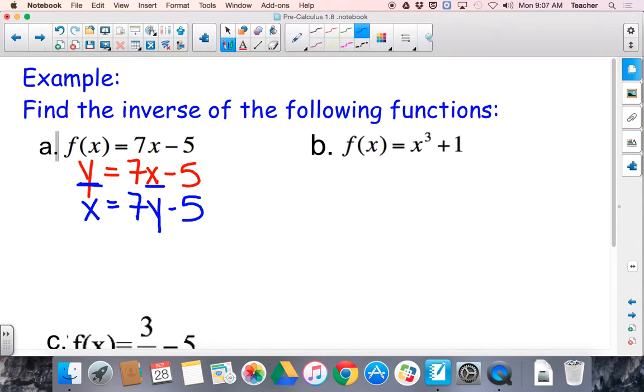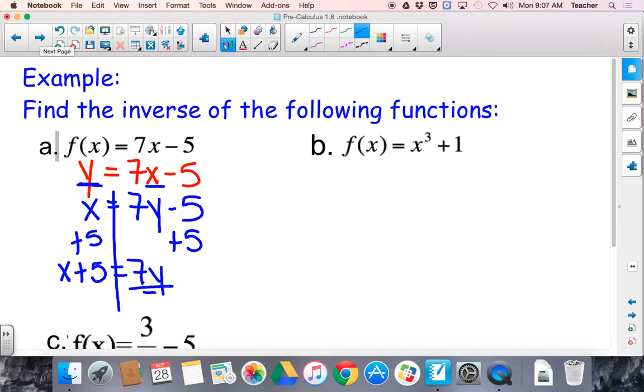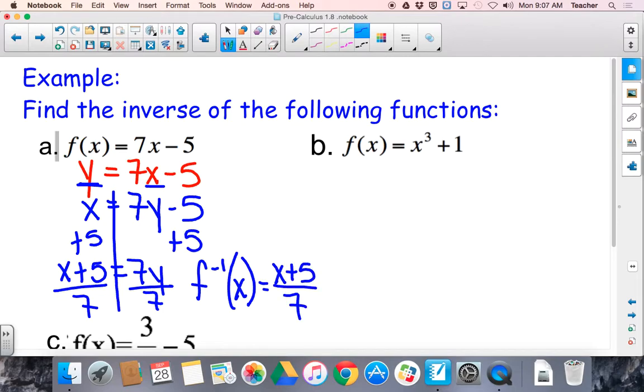I'm going to solve for y, so I'm going to get y by itself by adding 5, and then dividing by 7. So my inverse function is x plus 5 divided by 7.